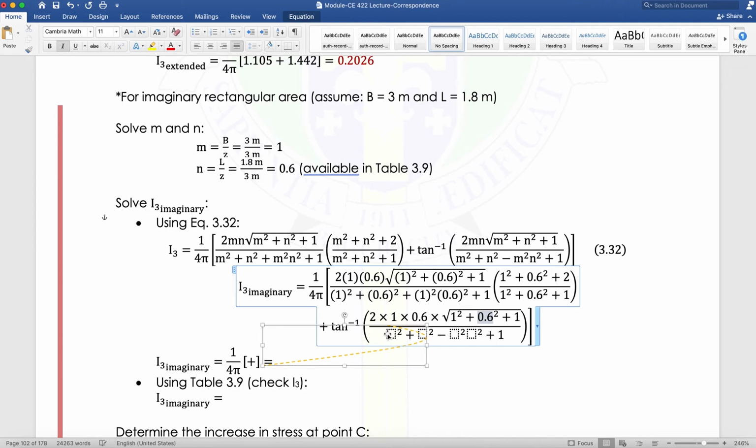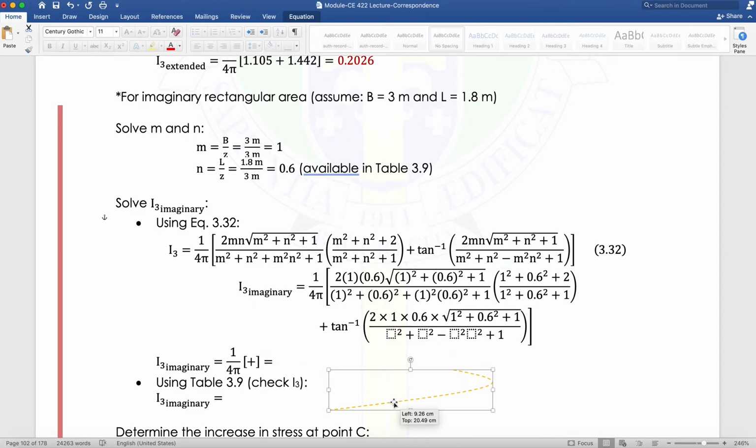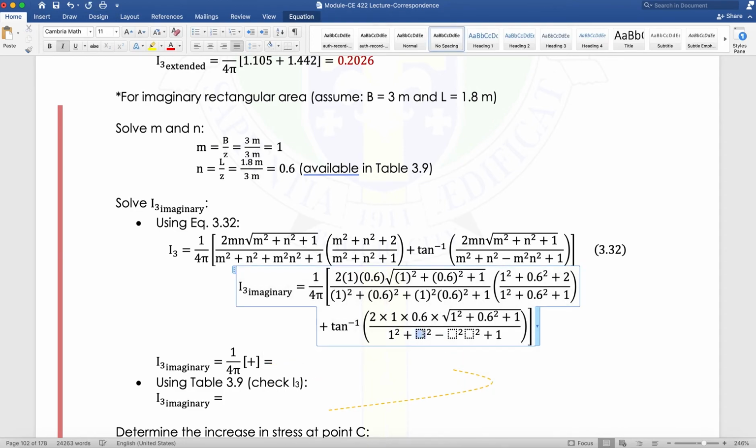Then we have 1, and we have 0.6, tapos 1, we have 0.6.